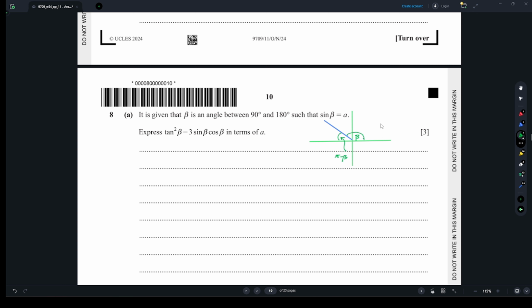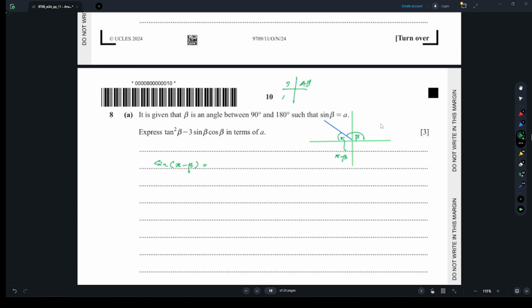Now I'm taking sine of pi minus beta. You should remember how we can write it. In the second quadrant, sine values are positive: All St. Thomas College, do you remember?